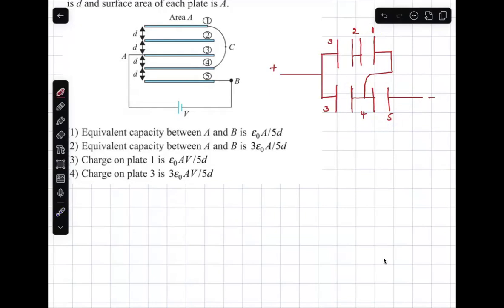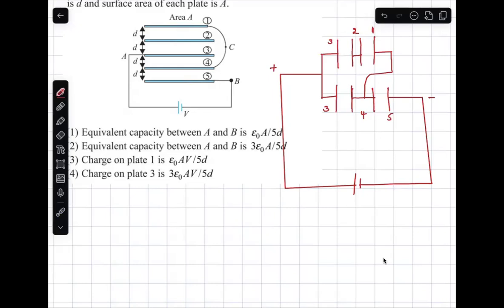Now what is happening? That's the circuit. Done. What happens is you just identify all are epsilon naught A by D only.